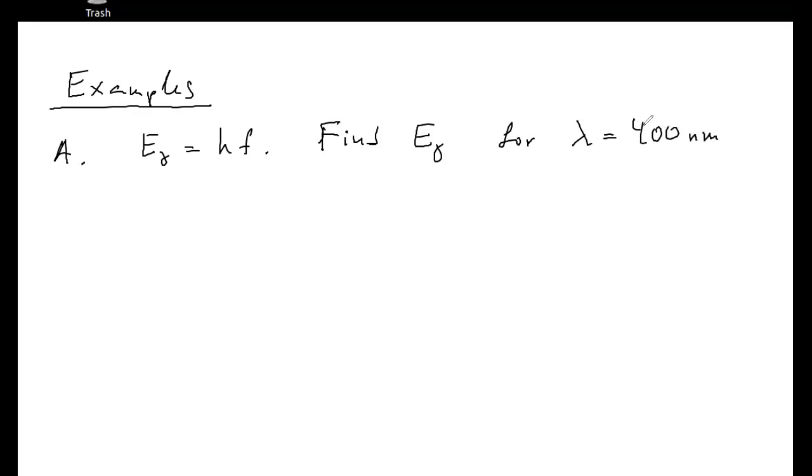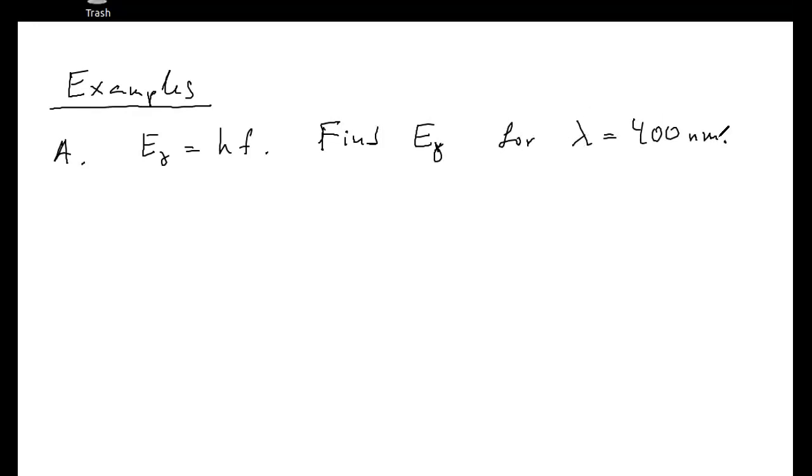This would be something close to blue light. It's a short wavelength, high frequency. So maybe it's violet or ultraviolet in the sky. It's more like violet wavelengths. What would be the energy which corresponds to this wavelength?